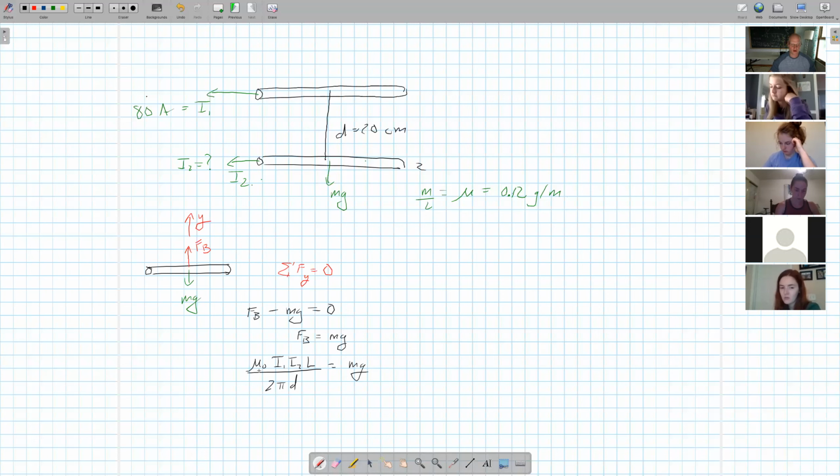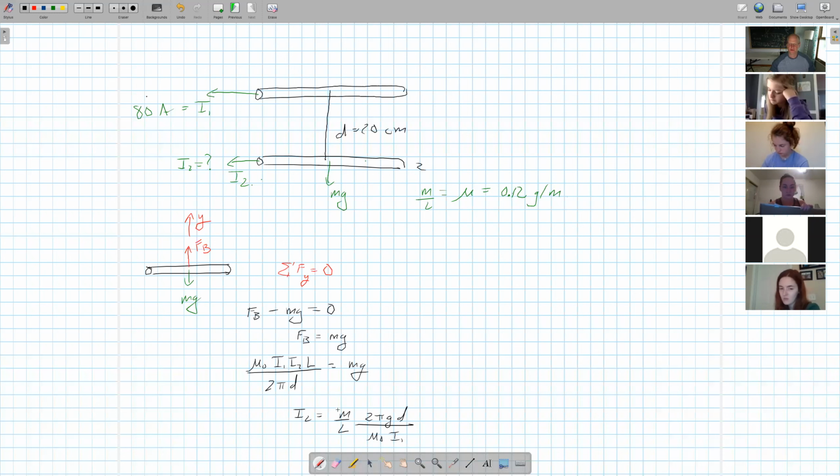We know I1, we know mu naught, we know d, we don't know L, but notice when I divide L onto the other side, that's going to give me m over L, and we do know m over L is equal to 0.12 grams per meter. Okay. So let's solve for I2. So finally this tells me I2 is going to be equal to m over L times 2 pi times g times d divided by mu naught times I1.